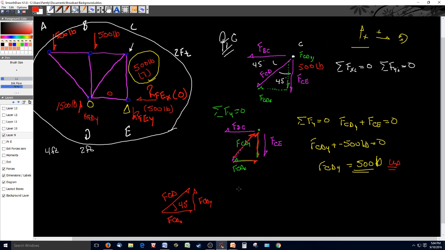Now, as you remember, the sine of theta equals the opposite over the hypotenuse. Looks like we could find the hypotenuse, which is in fact FCD. So FCD is my hypotenuse. We could solve for that and say that the hypotenuse times the sine of theta equals the opposite.